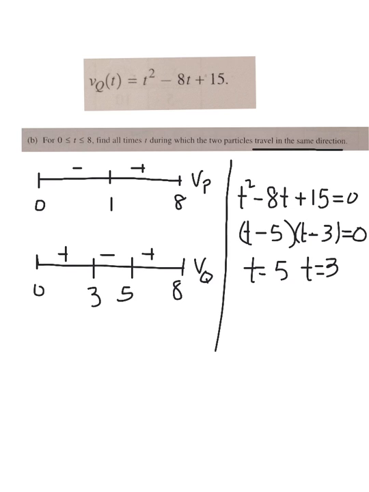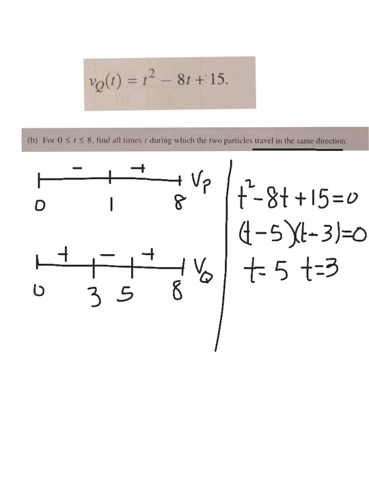Okay, so we're trying to find all the times during which the particles travel the same direction. Now, it doesn't say which direction. So we want to look and compare. So let's look and see what we have here. Well, I know between 0 and 1, particle P is negative. But between 0 and 1 here, particle Q isn't.